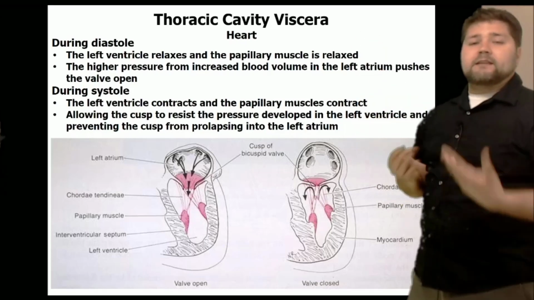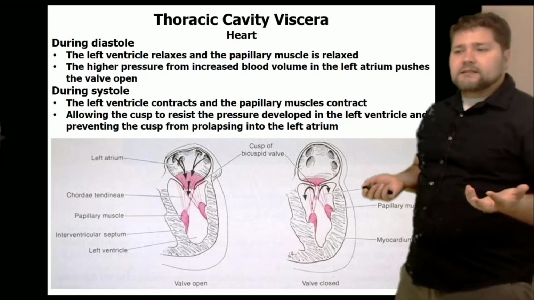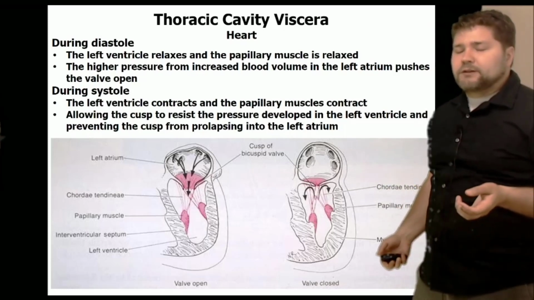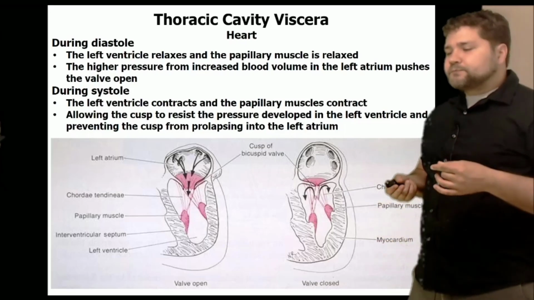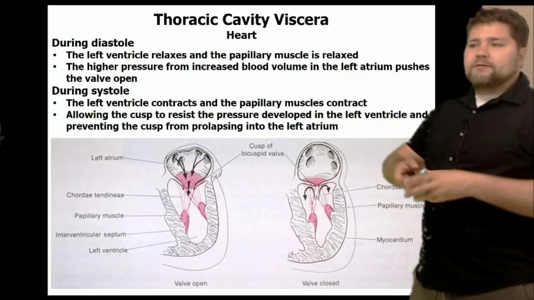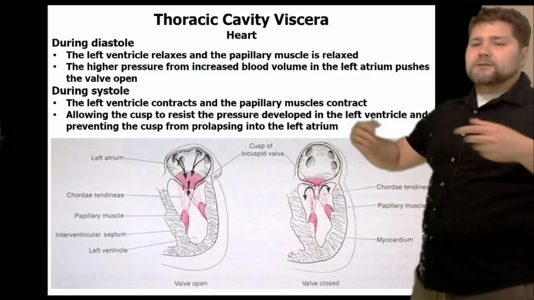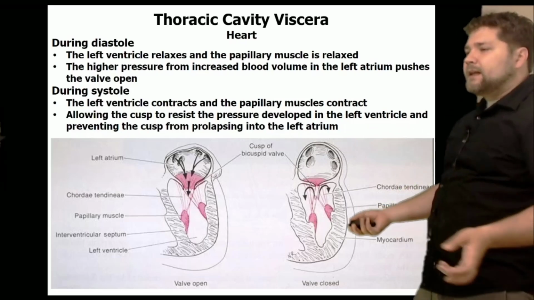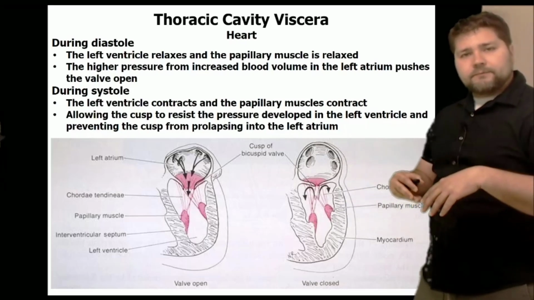They don't look like anything spectacular if you ever see these. When they're fixed, they actually look a little more interesting than when they're fresh. But the blood in the atrium just kind of falls into the heart. You do have pressure from the lung circulation putting blood in there, so it's not a complete passive process, but it just kind of dumps itself into the ventricle, okay?